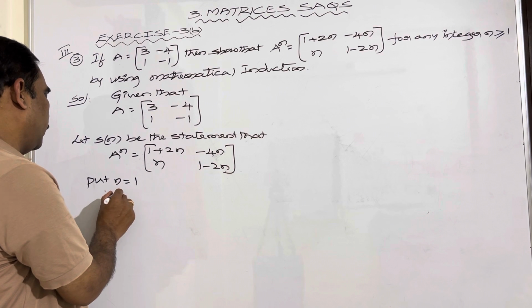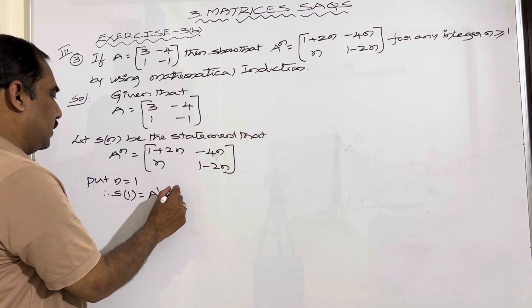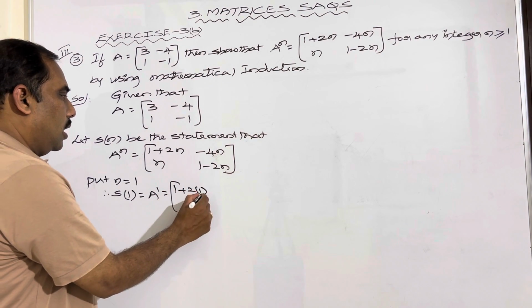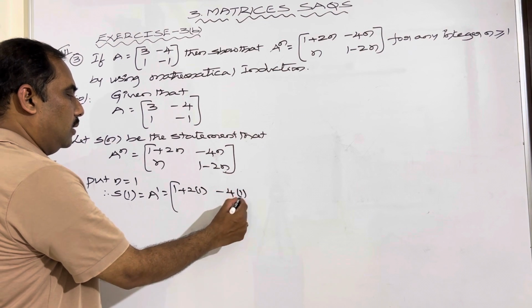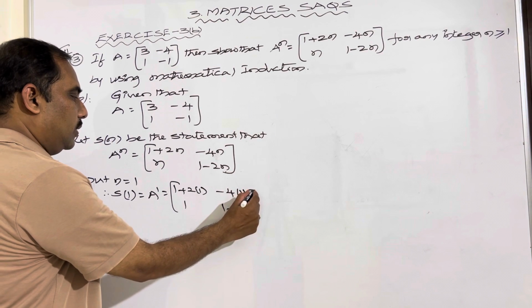So put n is equal to 1 here. Therefore S of 1 is equal to A to the power of 1, which is equal to, n replaced by 1, [[1+2·1, -4·1],[1, 1-2·1]].